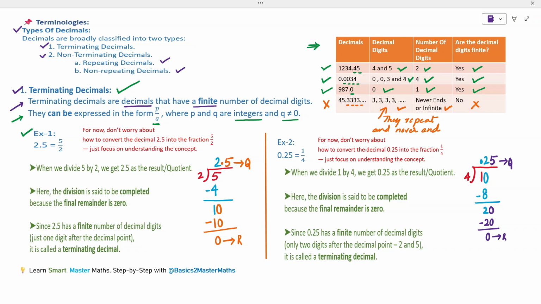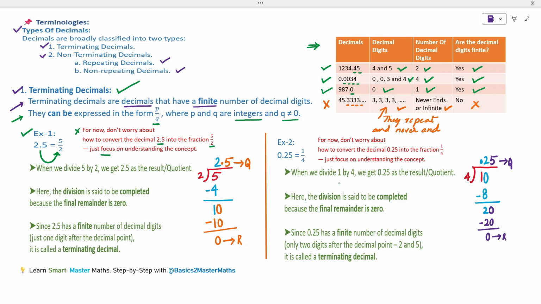Example, 2.5 can be written as 5 by 2. For now, do not worry about how to convert the decimal 2.5 into the fraction 5 by 2. Just focus on understanding the concept why we call it a terminating decimal. Got it?